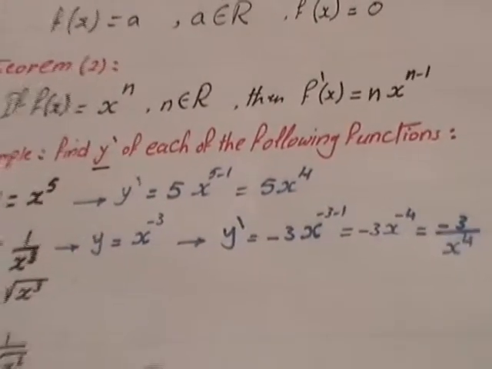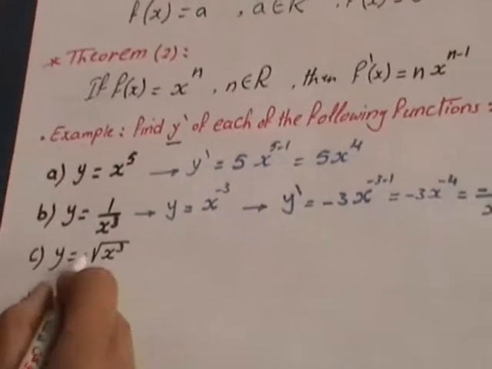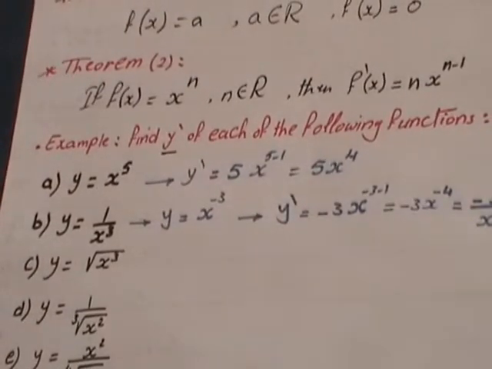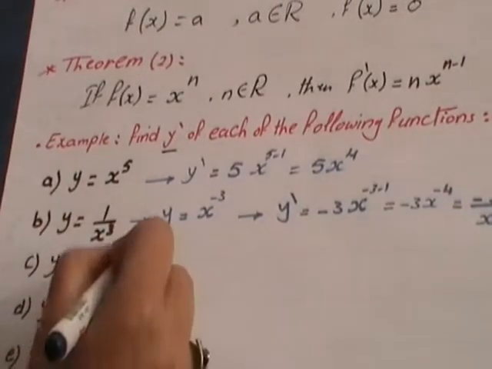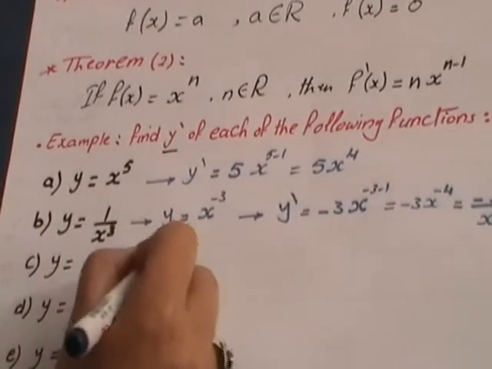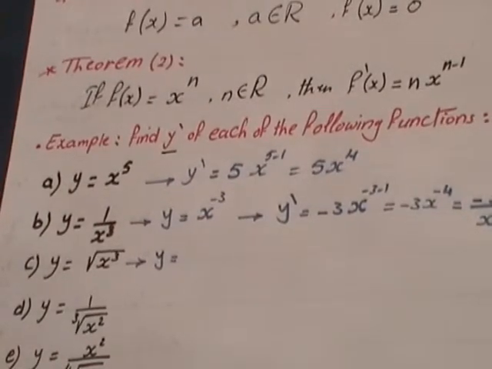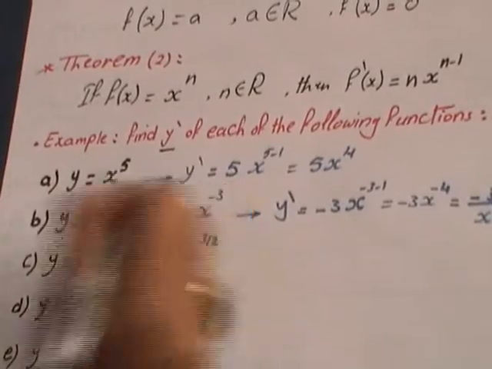Now we talk about another example, number C. Y equals square root x power 3. We must organize this function like we did before. Y will be equal to x power 3 over 2.